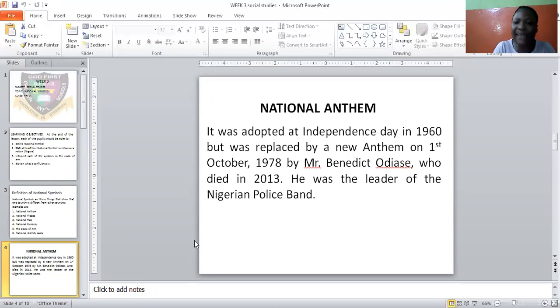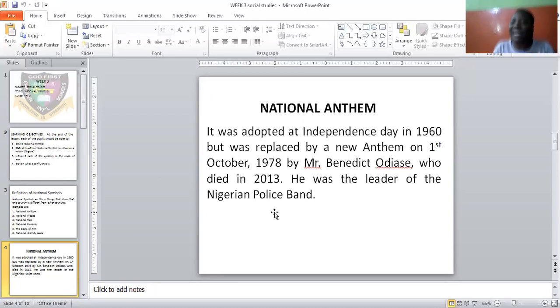But in 1978, a man known as Mr. Benedict Odiase composed another song which we are using up to date. The national anthem is in 2 stanzas.